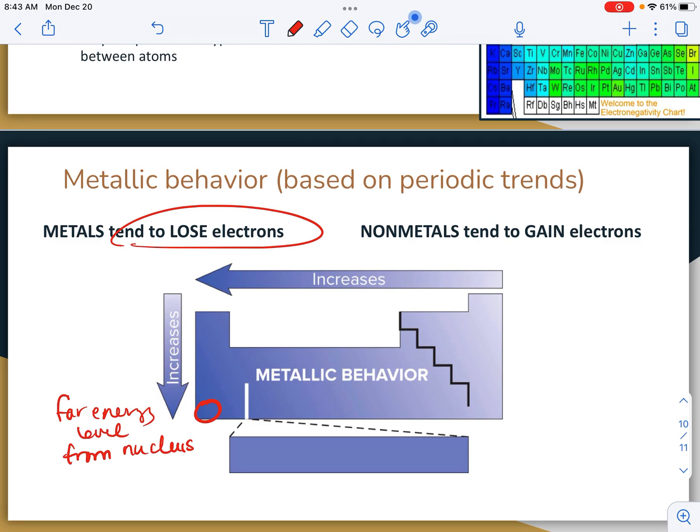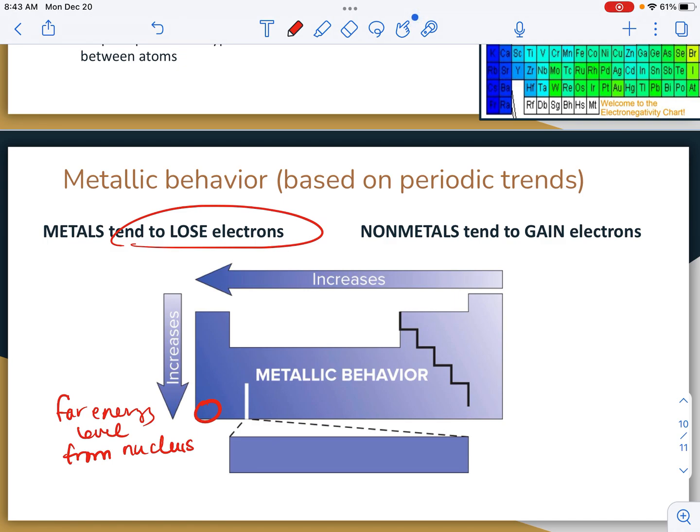Compared to the other elements that have electrons in that same energy level, francium has the fewest number of protons. That energy level is really far from the nucleus, so the effective pull of the protons is weak, and there are lots of core electrons shielding it from the pull of the nucleus, and so it's pretty easy for francium to lose an electron.